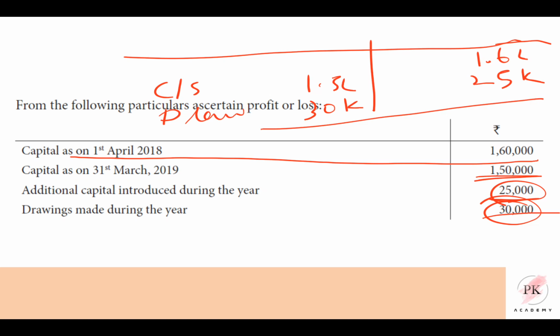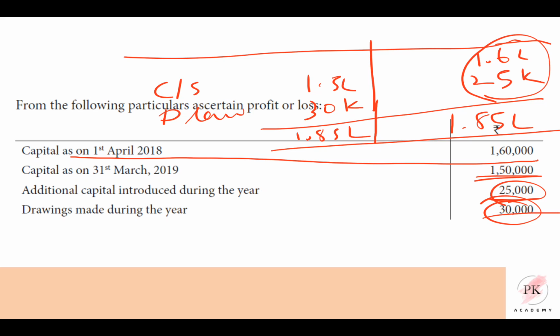30,000. Okay, let's tally it and find out which side is greater and lesser. I feel this is the greater amount, right? 1.6 plus 25,000 will give me 1.85 lakhs. So here also 1.85 lakhs, and the difference amount will be 1.85 minus 1.5 and 30, which gives me a difference of 5,000.